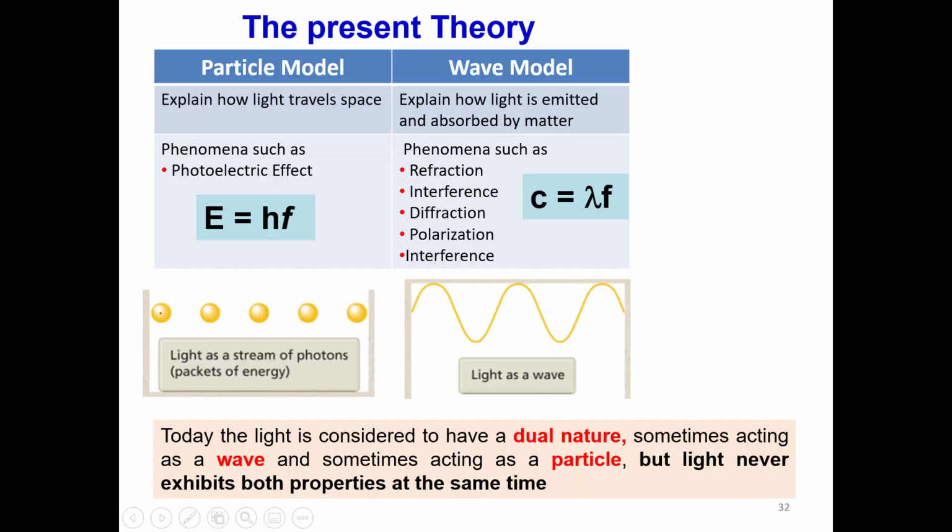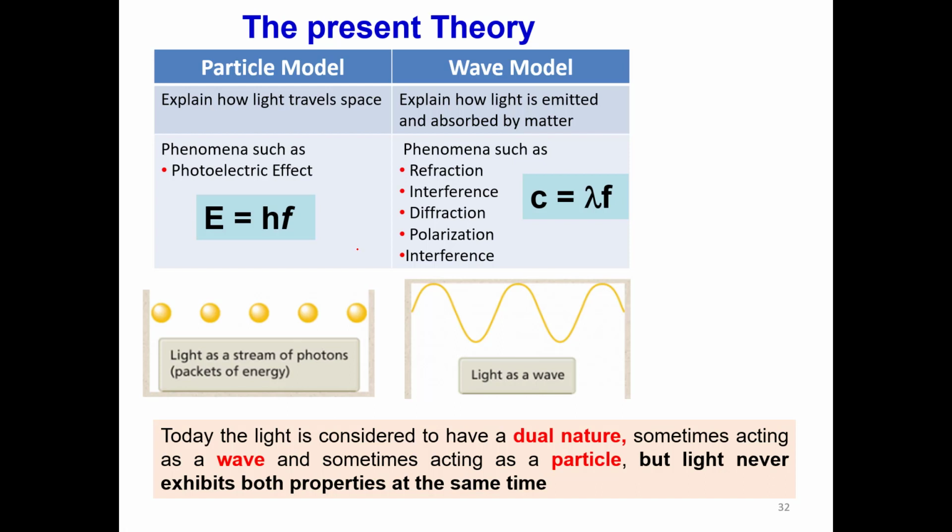Then what is the present theory which we can use to explain the nature of light? And really, there is no one theory at this moment.